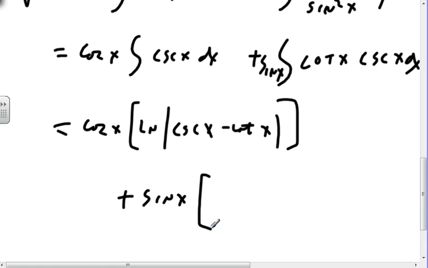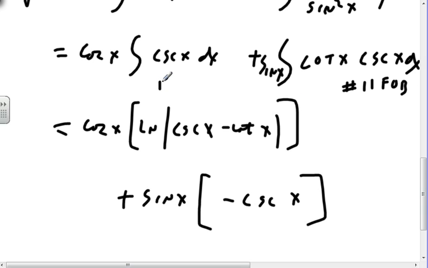Look at number 11. Cosecant cotangent, I don't believe it, minus cosecant x. Oh, how simple was that? So this guy turns out to be number 11 in the front of the book, and this guy turns out to be number 15. So anybody could do those integrals. I mean, how simple is that?